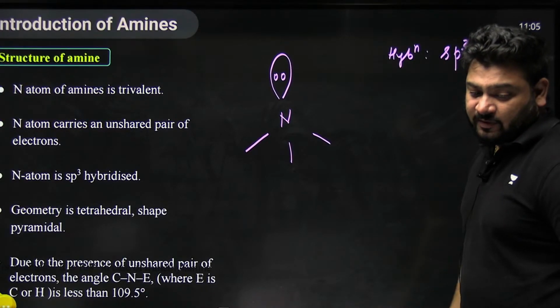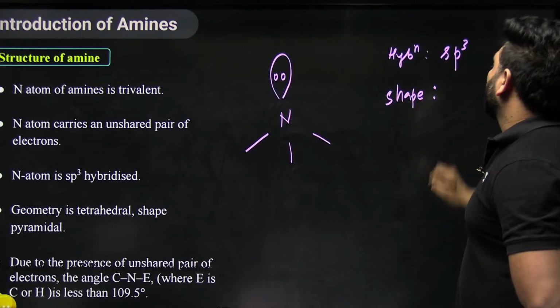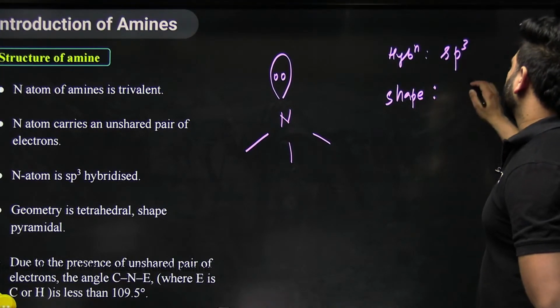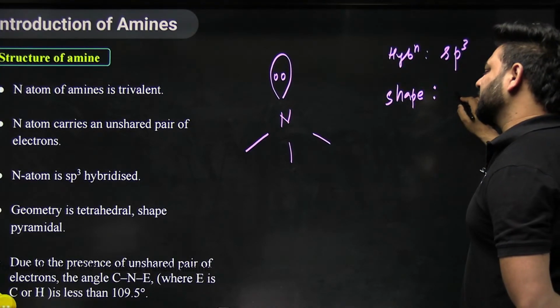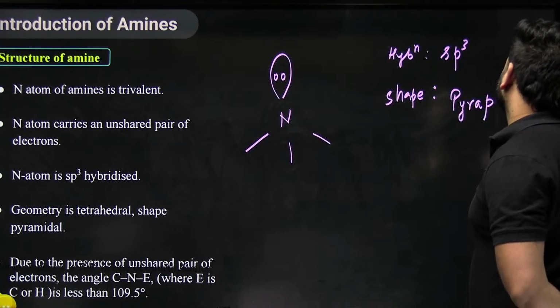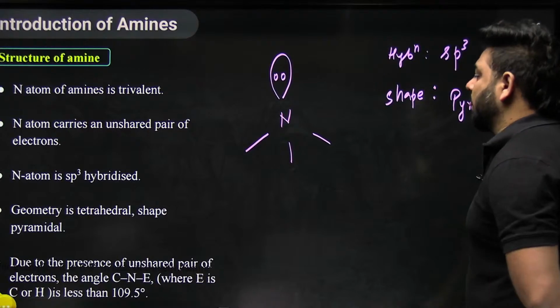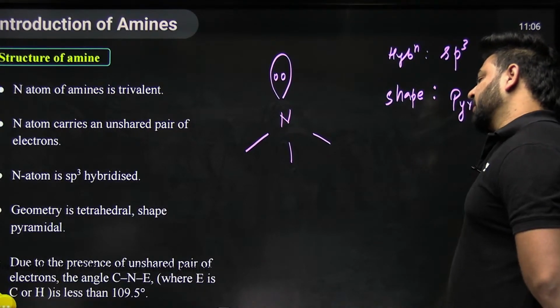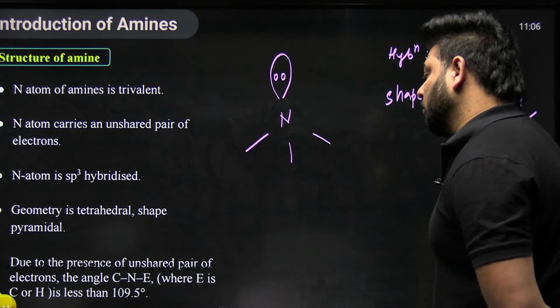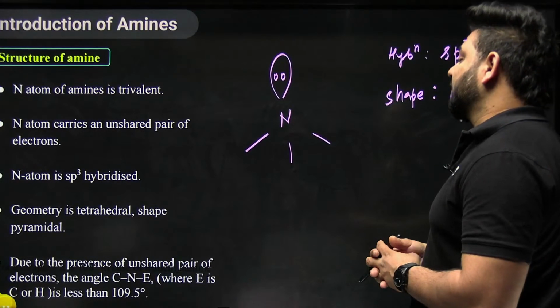And if we talk about the shape of this molecule, then it will be pyramidal, I guess, trigonal pyramidal. This is trigonal pyramidal. Also, due to the presence of the lone pair, the angle of C-N-C is a bit lesser than 109.5.